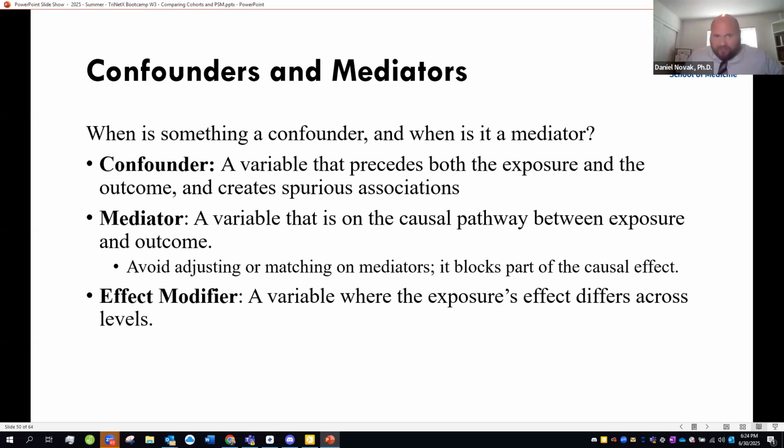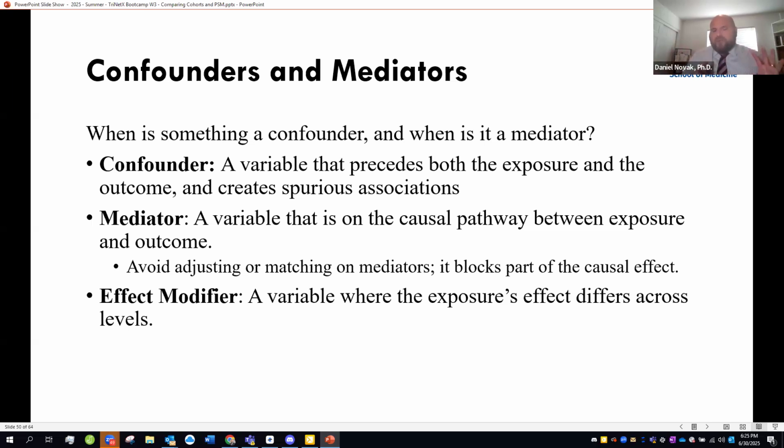However, a mediator is on the causal pathway between exposure and outcome. So that's one example: statins is a mediator for hyperlipidemia, and hyperlipidemia is mediated by some of these factors, for Alzheimer's disease. So it can help excluding that from our study, or other propensity score matching for it could, for statins rather, could skew our data set.